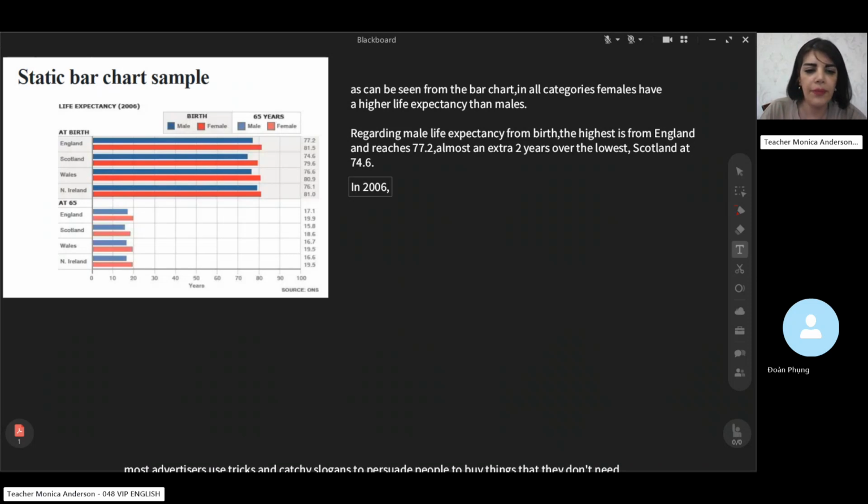Wales is the second one, about 19.5, the second lowest.